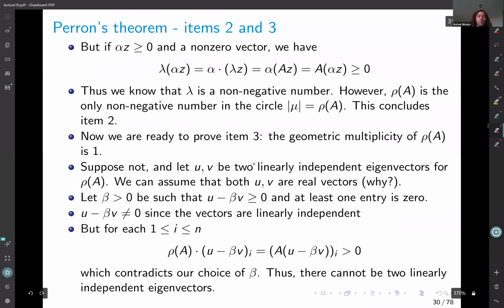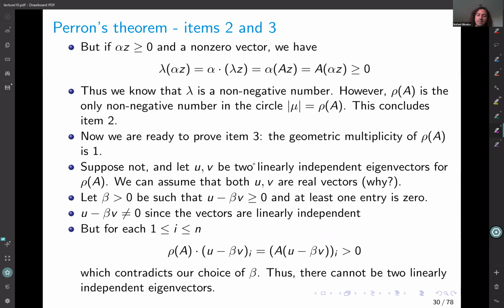Okay, but now if you notice, for each index between 1 and n, if you look at rho of A times this index, we know that this is equal to A times this vector here, u minus beta v, the ith coordinate of this vector.